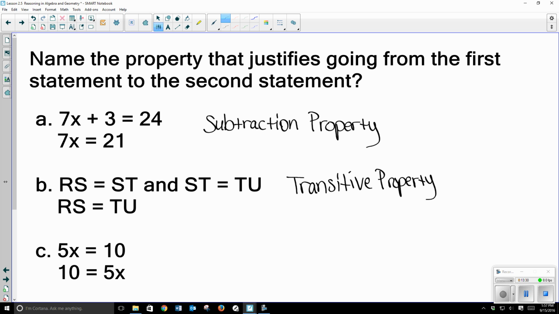Part C. 5x equals 10, 10 equals 5x. Symmetric, good. All right. So you'll have homework problems where you're having to determine what property is being used from one step to the next. You're justifying those steps.